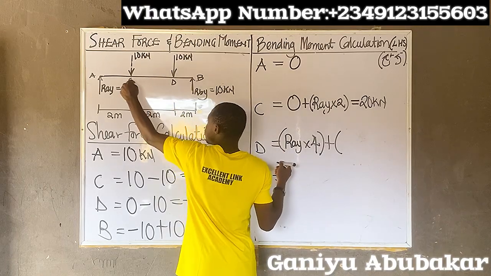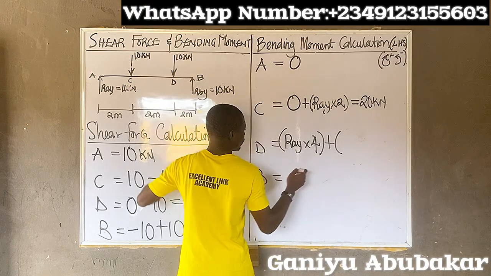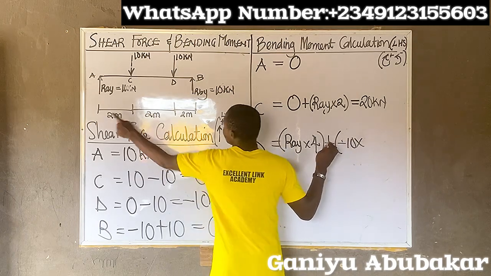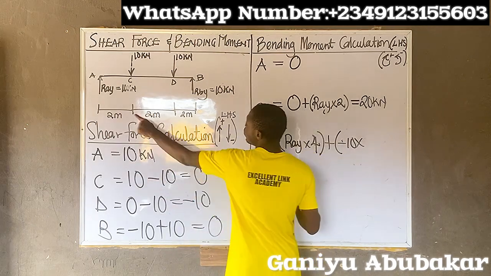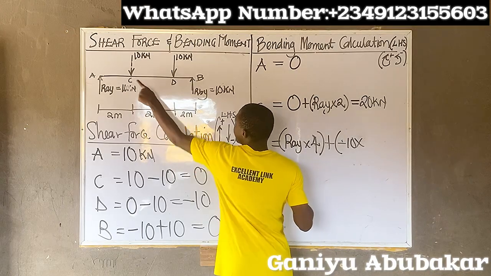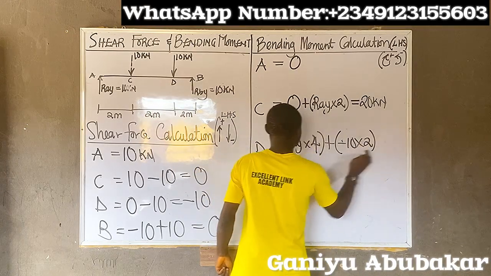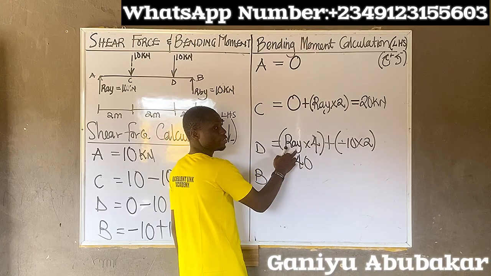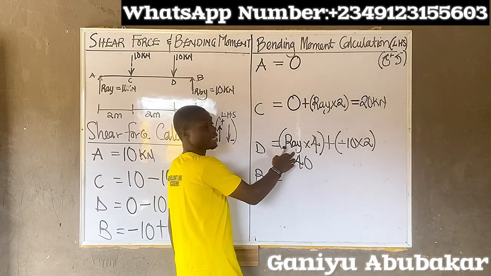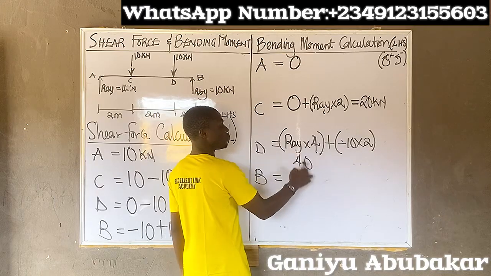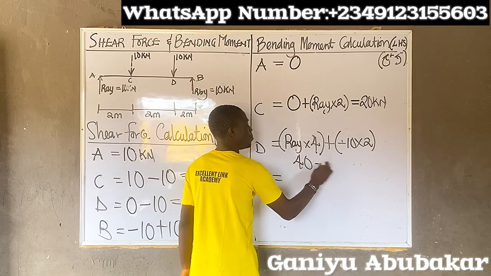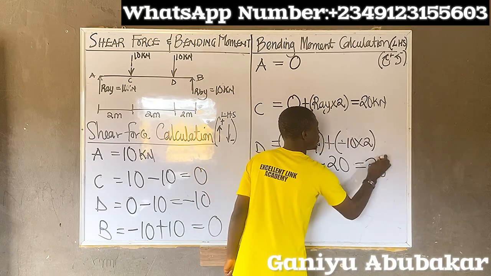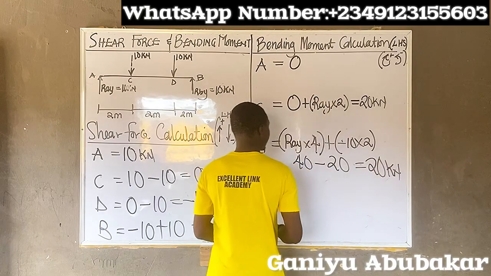So this point is moving this way, and that's in the negative direction. That gives you minus 10 times what? Yet here gives you 2, from here to here is 2. This gives you 40 because RA is 10, right? 10 times 4 gives 40, plus minus gives you minus 20. This gives you 20 kilonewton.